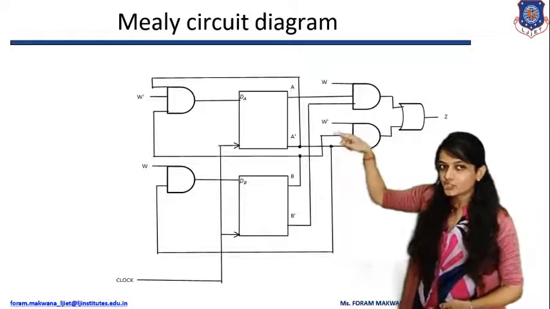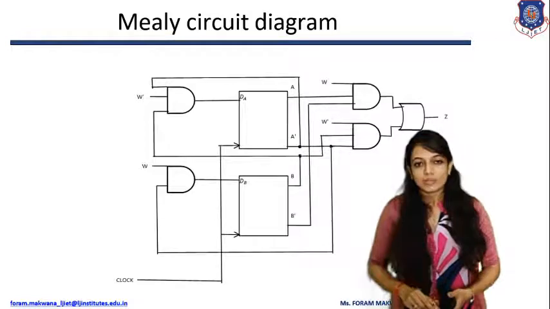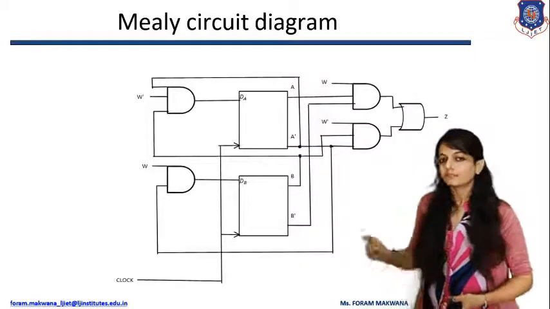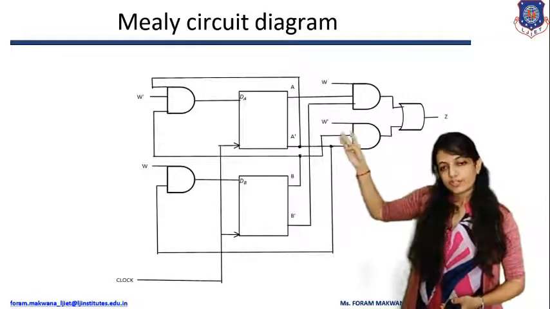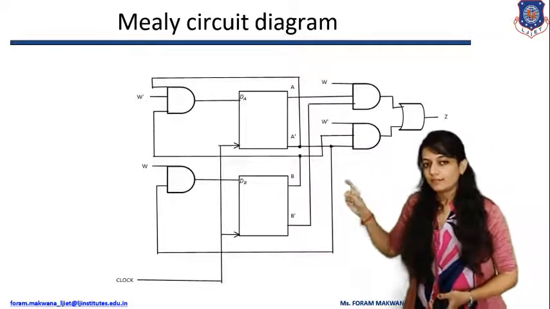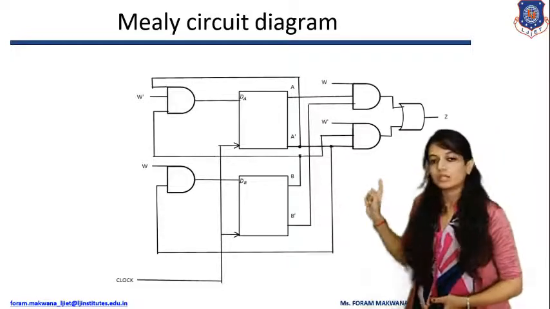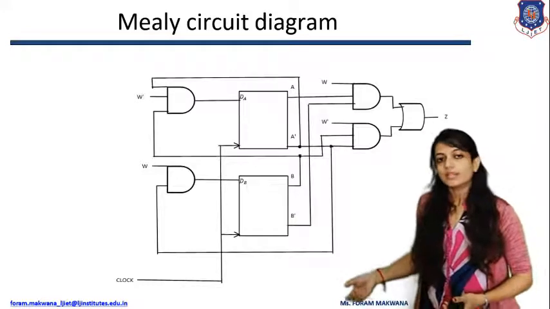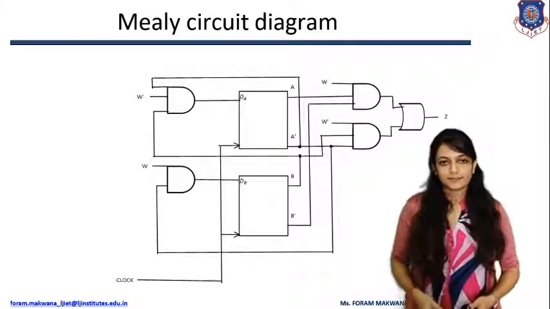A dash, W dash and the last one, that is B. Alright, so in DA there are three inputs coming into the AND gate and its output, and for DB there are two inputs which are applied to the AND gate and its output is given to the input of flip-flop B. Alright, this is the way to draw a Mealy circuit diagram.